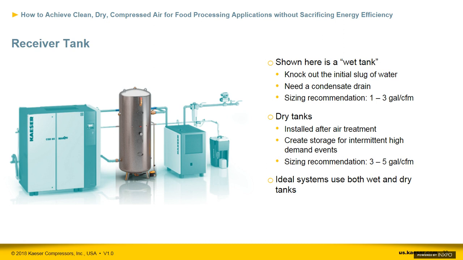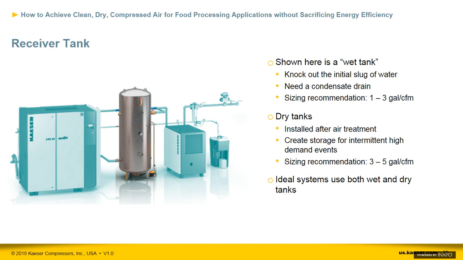To help the air treatment after the tank function more effectively, you will want to make sure you have a functioning drain on the tank and to regularly check it's operating correctly. This type of tank should be sized as 1 to 3 gallons per CFM of storage in your system. It also acts as a buffer volume to allow for smoother compressor capacity control, sometimes also called a control receiver.